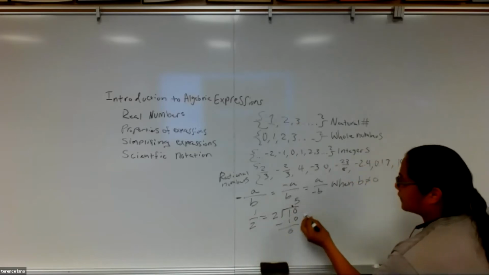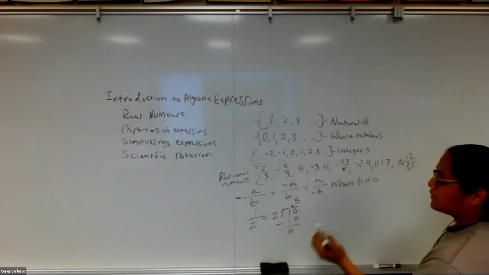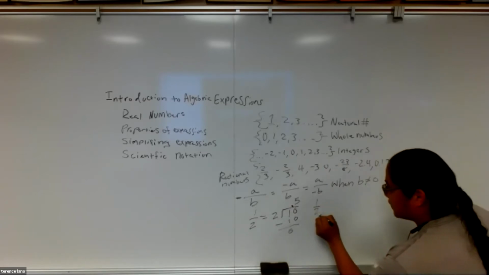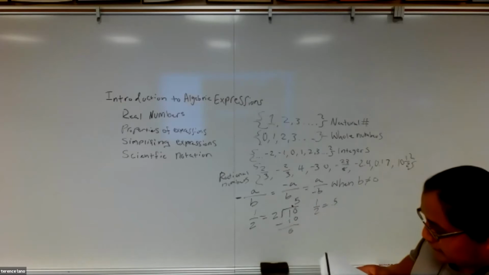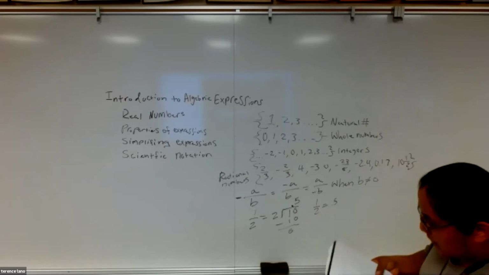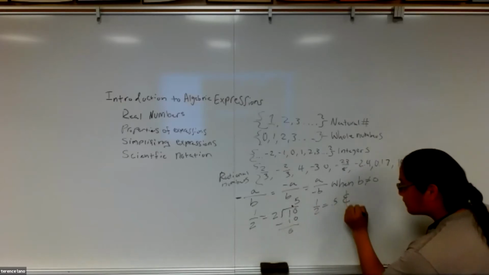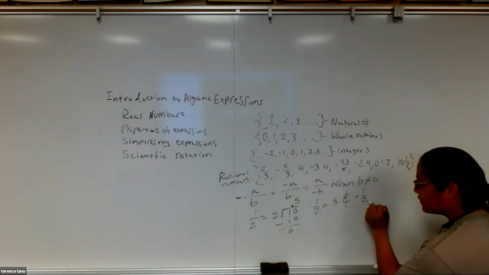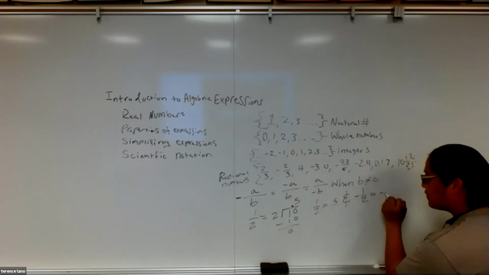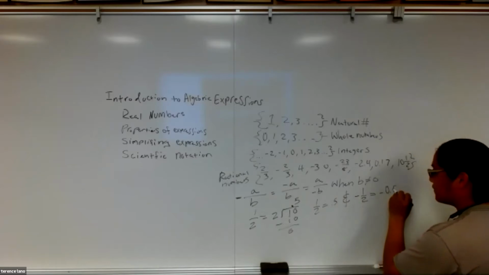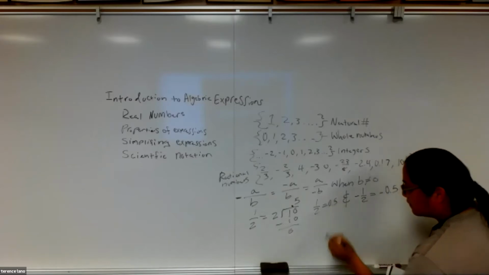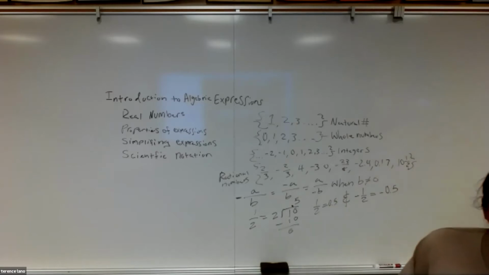So that's when you convert fractions to decimals. So 1/2 is going to be equal to 0.5, and negative 1/2 is going to be equal to negative 0.5. Any questions?